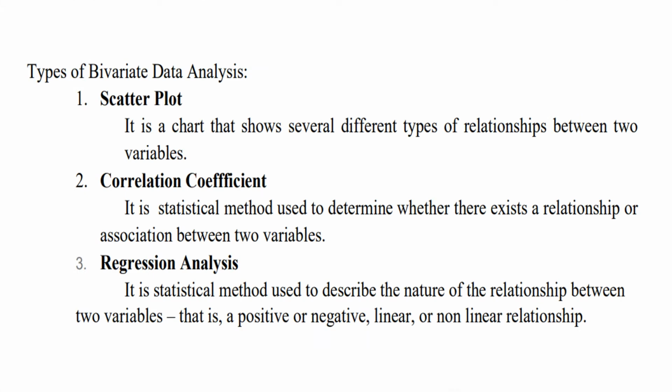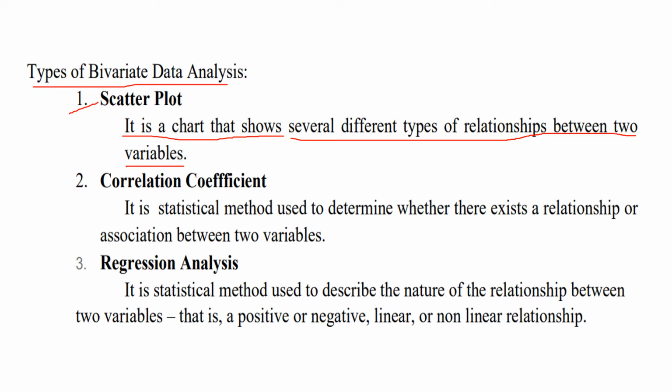So let's deal now with the types of bivariate data analysis. The first one is the scatter plot. We define a scatter plot as a chart that shows several different types of relationships between two variables. These are two words, but sometimes written as one word.